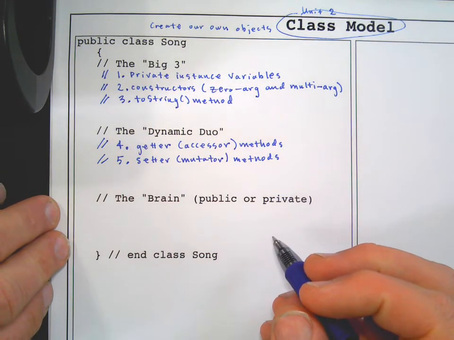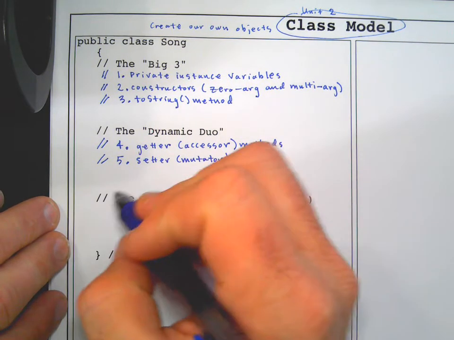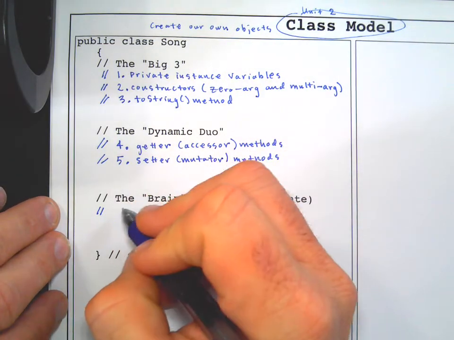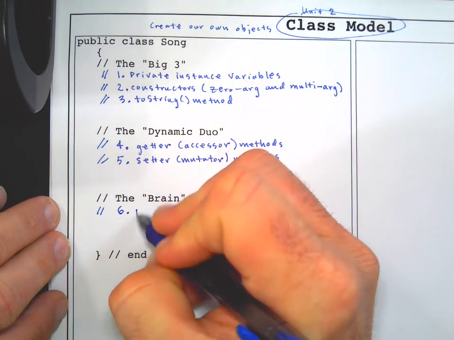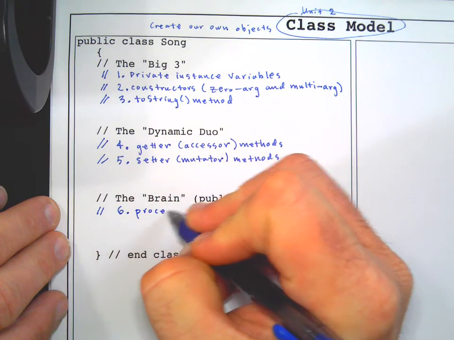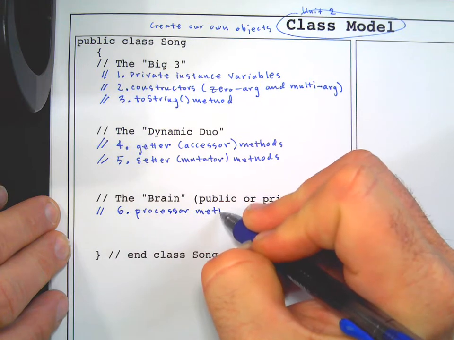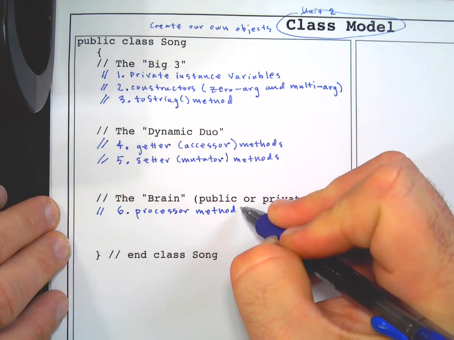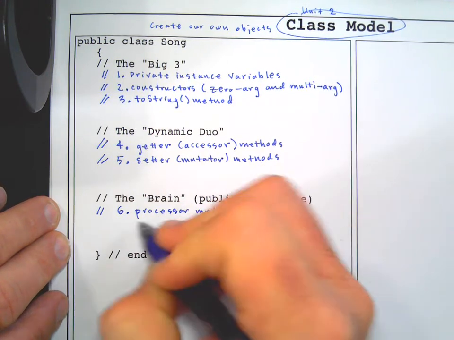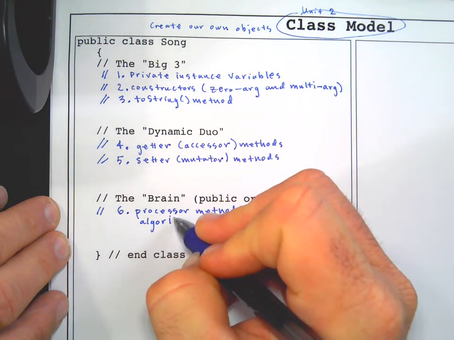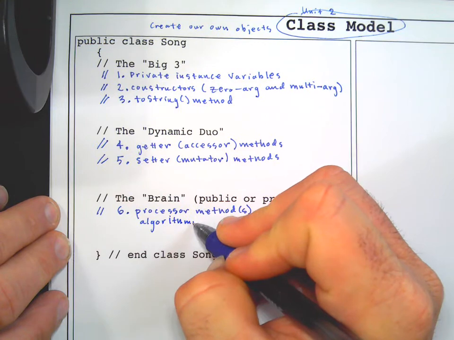The brain, public or private. So brain, you would think the thing that does thoughts and more complicated actions. So we might call it processor methods. Methods that actually do jobs, that do something. This is where we have the algorithmic processing.